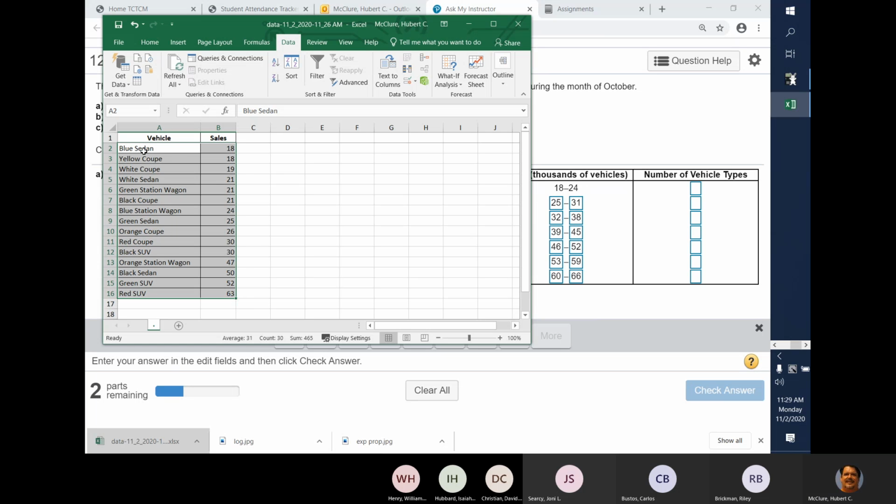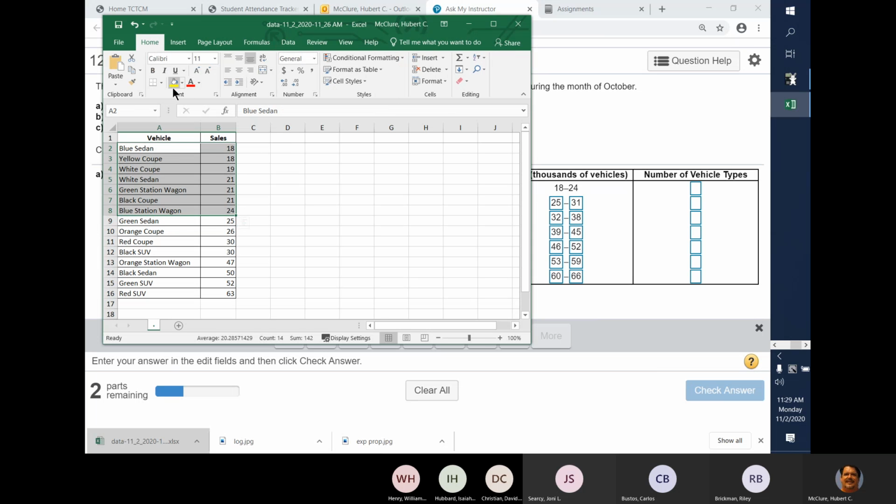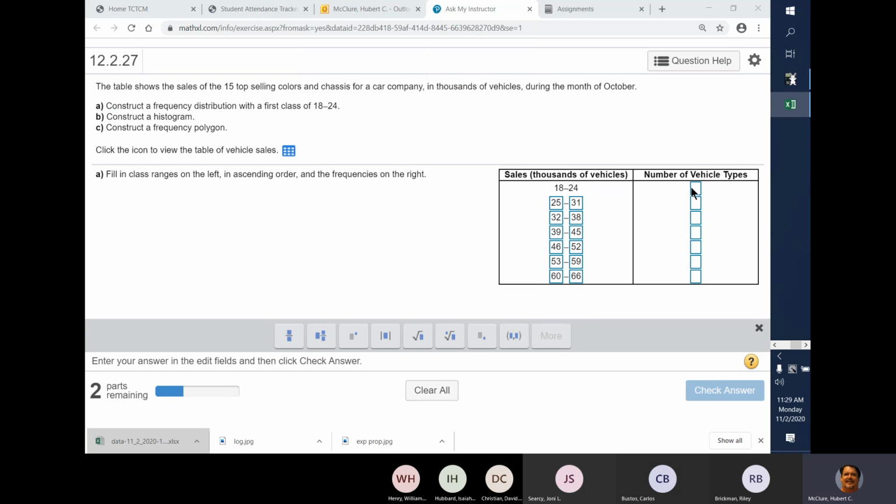How many types of vehicles we got? Well, there's 1, 2, 3, 4, 5, 6, 7. 7. Thank you, class.